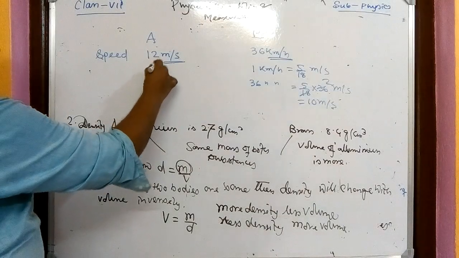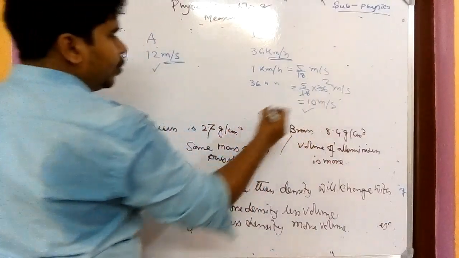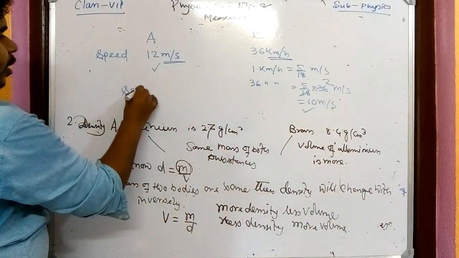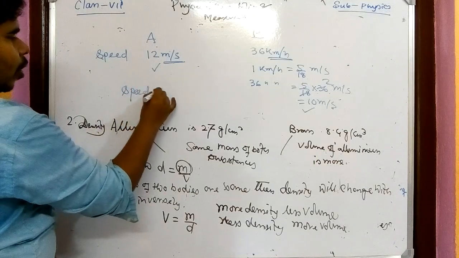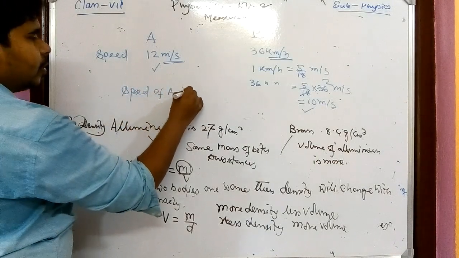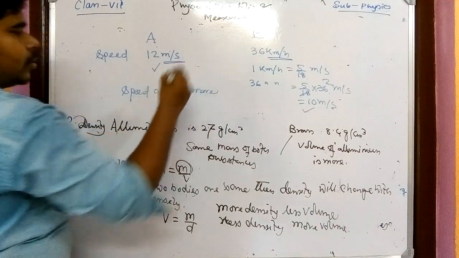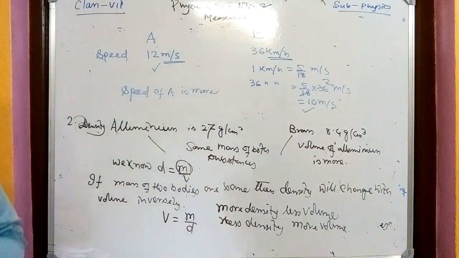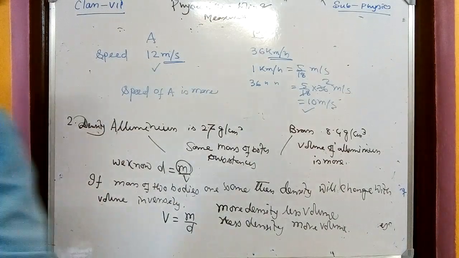Here it is 12 meter per second, here it is 10 meter per second. So speed of A is more. So whenever we are talking about speed, we have to take it in the same unit. Okay, this type of question I will discuss one more.